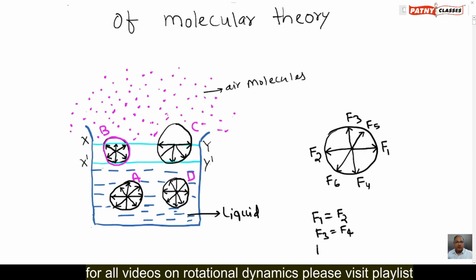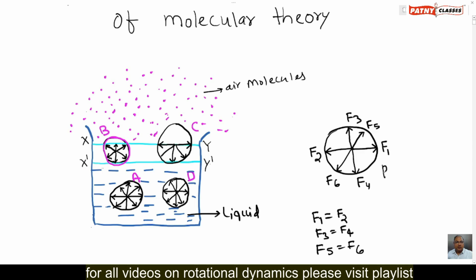Similarly, F5 equals F6, so even they are equal, therefore no inclined force is acting on the molecule. The summary is that from all directions, the force acting on molecule A is 0.